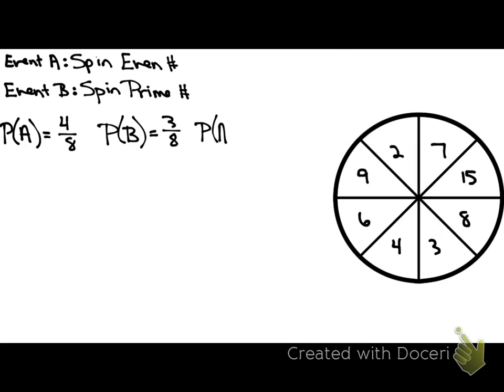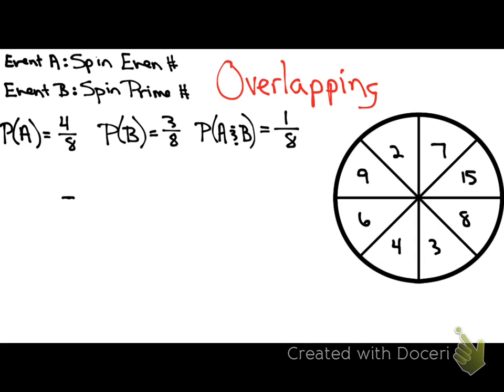Are there any that happen together? How many happen together? So is it disjoint or overlapping? Overlapping. Because some of the events happen together, it is overlapping. All right, now I want you to calculate the probability.